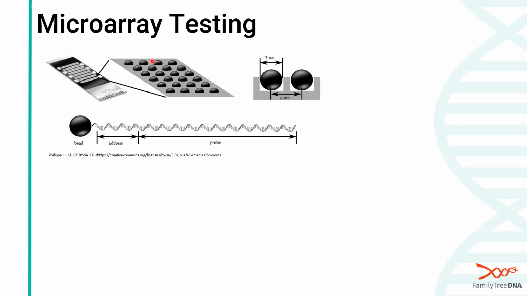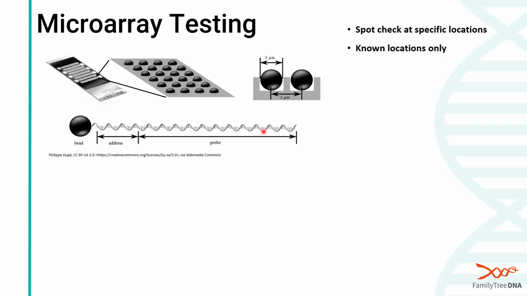You're only hoping to study that one area. So what you can do is you can design a probe that will attach to only the one area that you want. So here's your probe that attaches to it. So your DNA, it gets washed over the chip and it attaches to the appropriate probe. And then from there, you're able to sequence the test. So it's a spot check at specific locations.